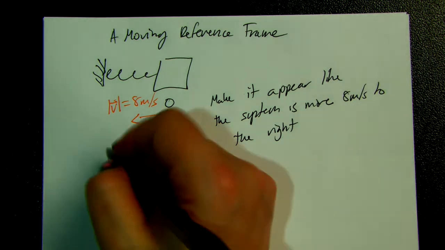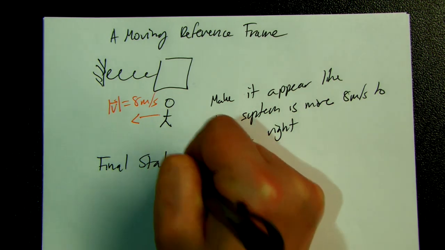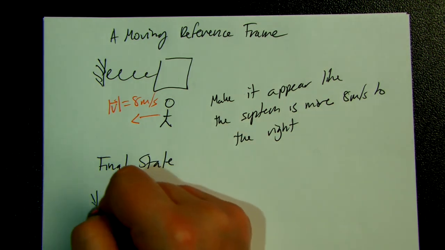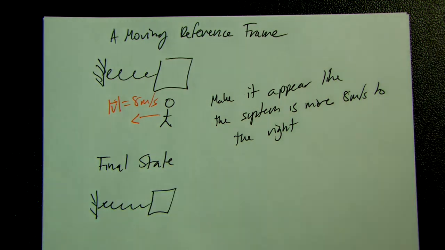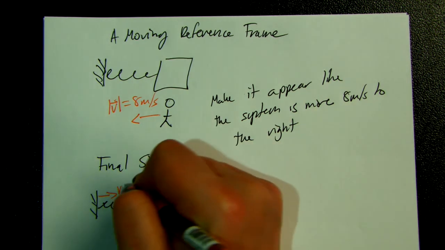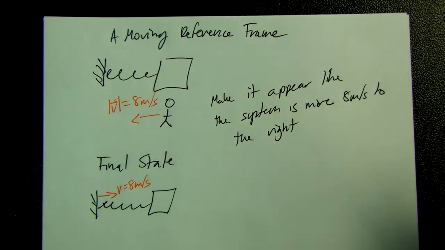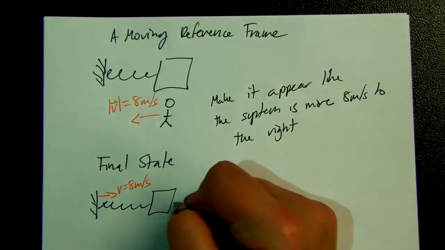And so when we look at our final state, we've got a couple things to contend with. We're going to have the whole system moving to the right with v equals 8 meters per second. And you're going to have this block.